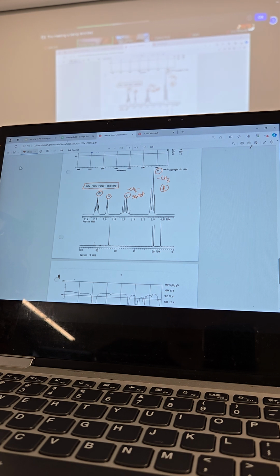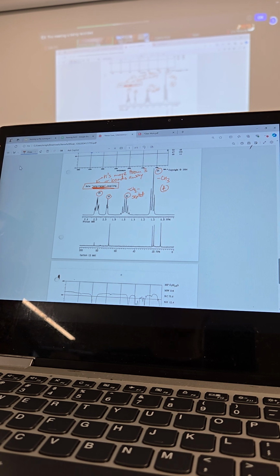Now, it's saying it's long range coupling. Long range coupling means that hydrogens more than 3 sigma bonds away are coupling with each other, meaning they're splitting each other. Same rule, n plus 1 rule.